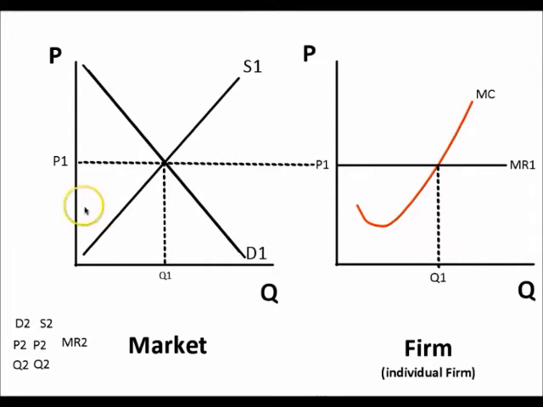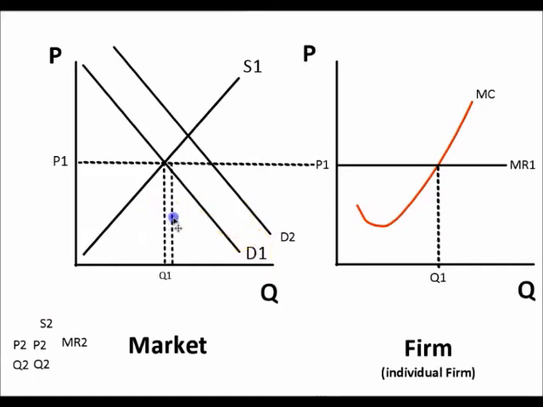Specifically, what we're going to do is shift some curves. So let's say, for example, that this product is corn, and corn suddenly becomes popular. Everybody wants corn. Ultimately, what that means in the market is that the demand for corn is going to go up, and we wind up with a D1, D2. We have a rightward shift of the demand curve. We've studied that.